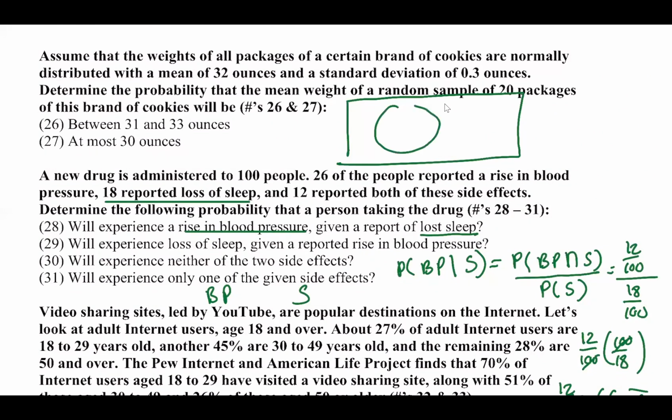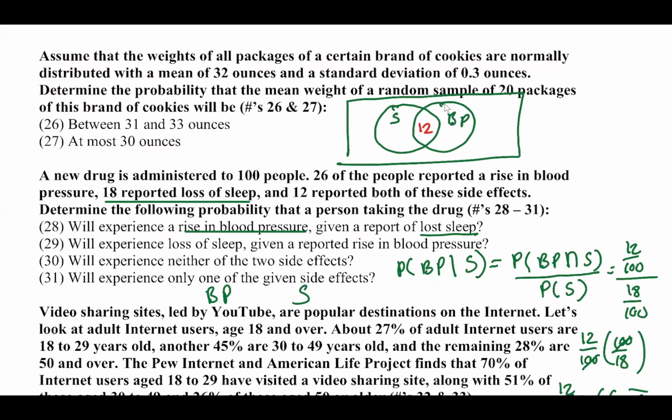So we have people who are going to suffer from sleep loss, or you have people who are going to suffer from high blood pressure. They already told us how many people suffer from both of them. So 12 people suffer from both high blood pressure and loss of sleep.